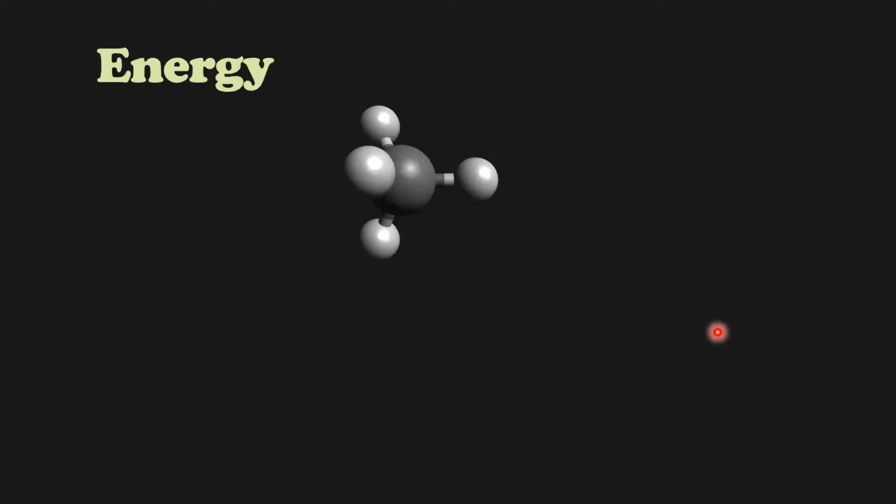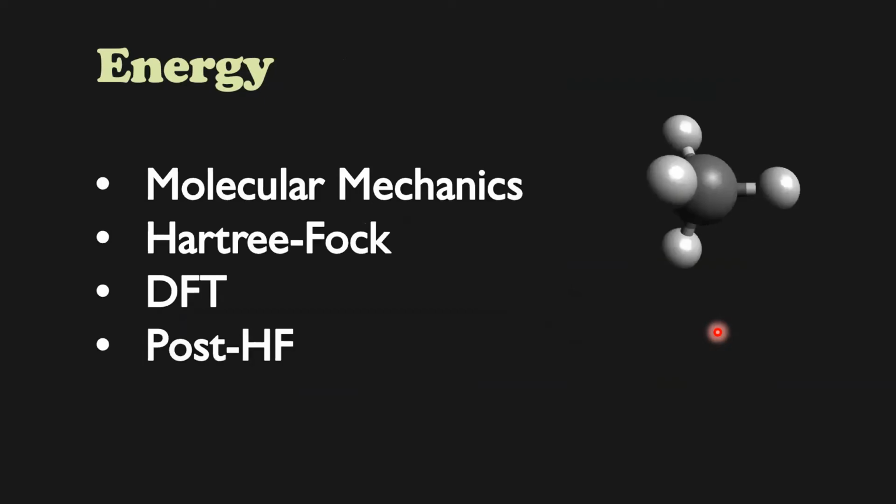So we have the molecule, its geometry and certain input parameters, and the first thing we calculate is the energy. You might have heard about quantum mechanics and the Schrodinger equation, etc. We can use some approximate methods based on these wave functions, like Hartree-Fock and post-Hartree-Fock methods. We can also use classical mechanics to roughly get an idea about the system, or if the system is too large, that becomes the only option.